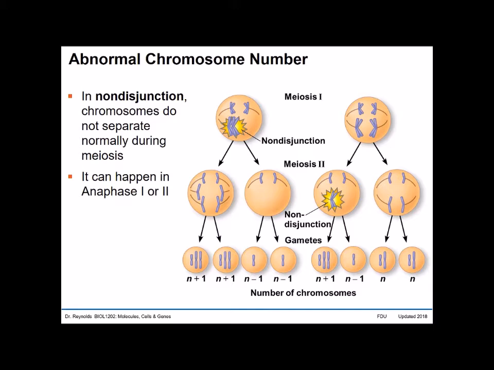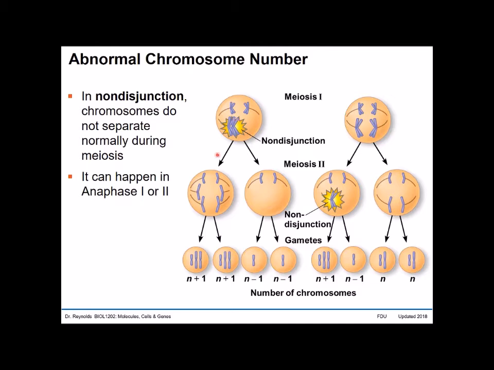in these different gametes. So non-disjunction, if you think of disjunction being the separation or the disjointing of either a pair of homologous chromosomes or sister chromatids, non-disjunction being the failure of that separation, this happens during anaphase. If this happens during meiosis 1, then what we're talking about is non-disjunction that fails to separate a pair of homologous chromosomes.